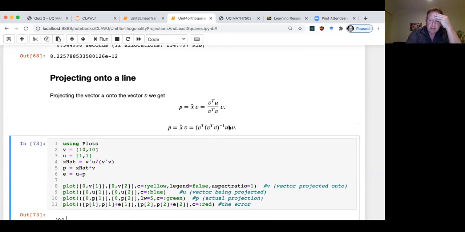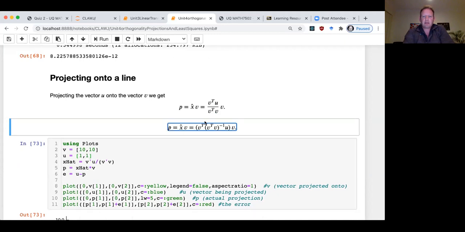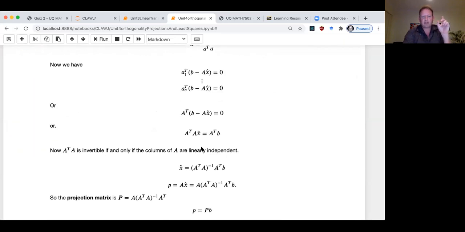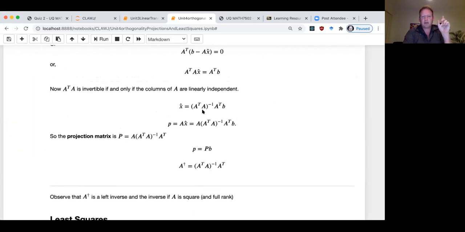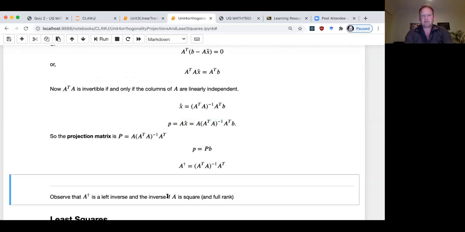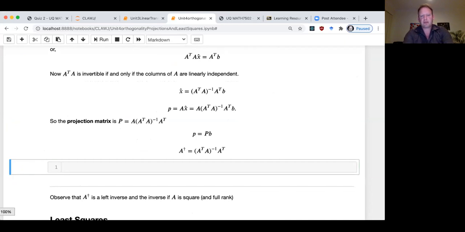But okay, let me back up a second. I'm making a mistake here, but let's just see this a second. We want to get to this formula, but we want to see the formula of projecting onto a line as a special case of this. So let's just do this here.